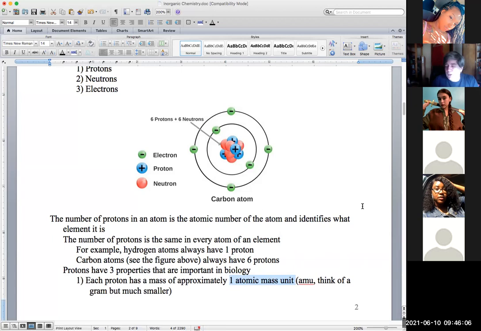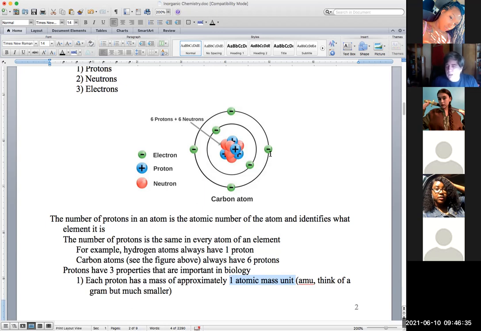And in fact, if we're trying to find the mass of an atom, all we do is add the protons plus the neutrons. So for carbon, there are 6 protons, there are 6 neutrons. So the atomic mass for this atom of carbon is 12. Now notice, since we have to add the protons plus the neutrons to figure out the mass, as long as we know 2 of these things, we can always figure out the third.